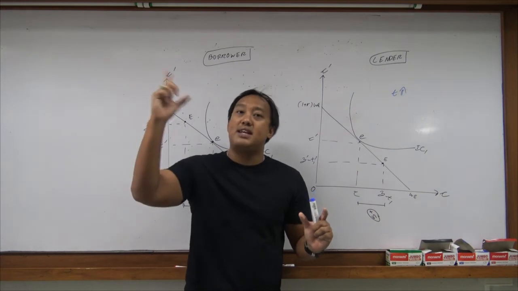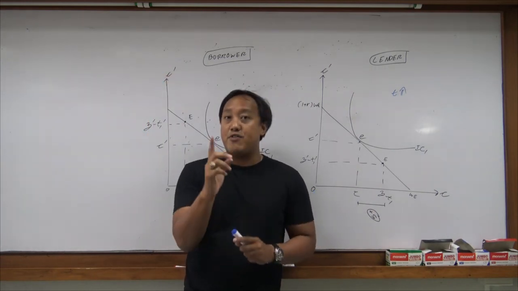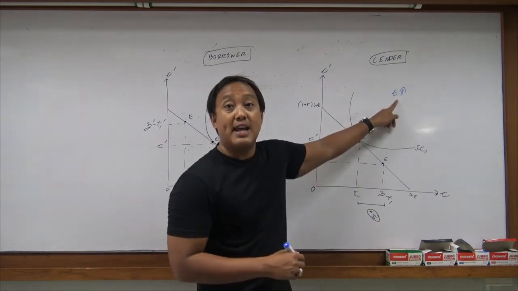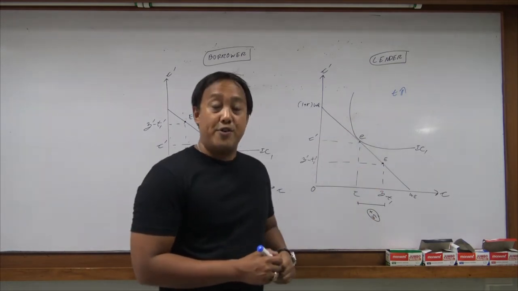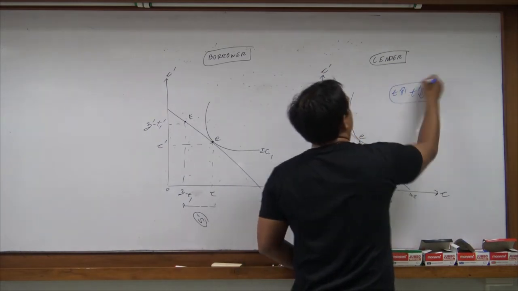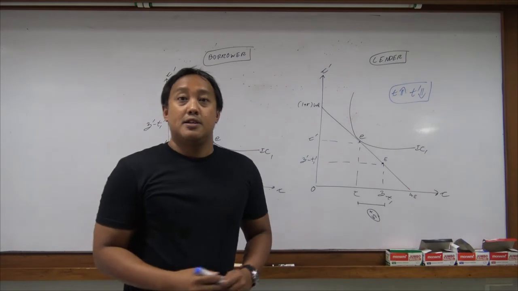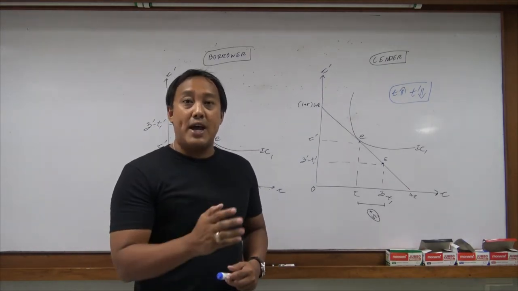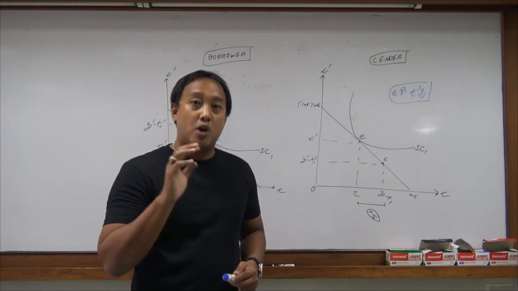If the government increases tax today, it's implied that in the future they're gonna lower the tax. So T prime is gonna be low. So if the government announces that they're going to increase tax today, it's implied that in the future they're going to tax us lower.